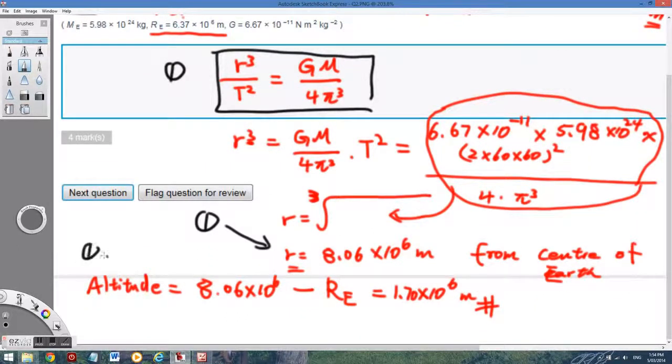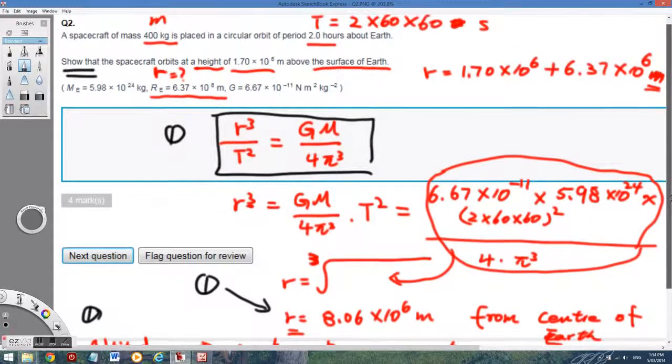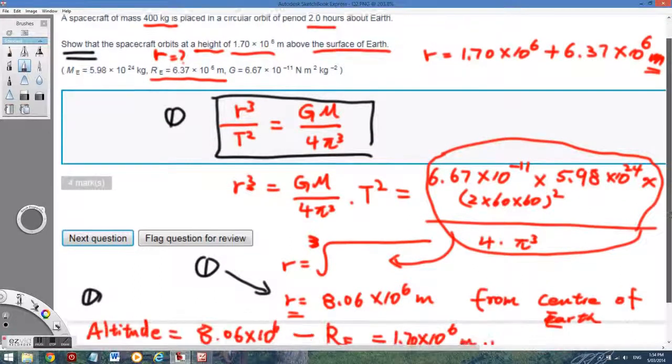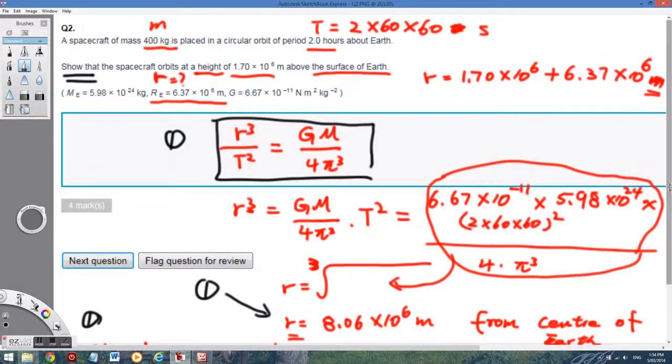You get 1 mark for realizing that the radius is from the center of the Earth, and you need to take away the radius of the Earth. Then you get 1 mark for the final answer.